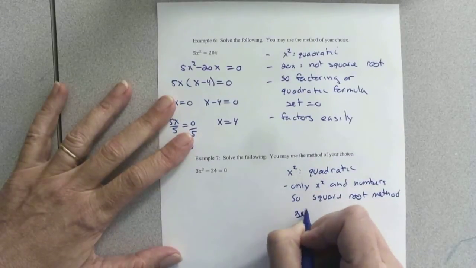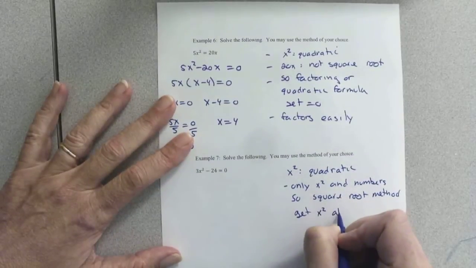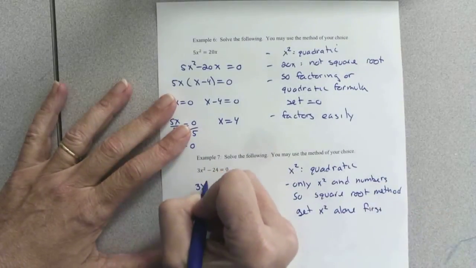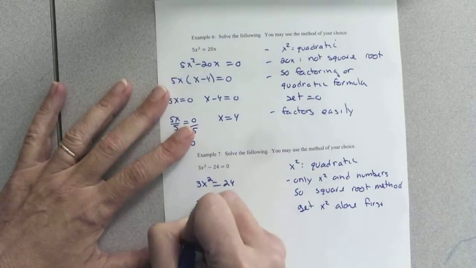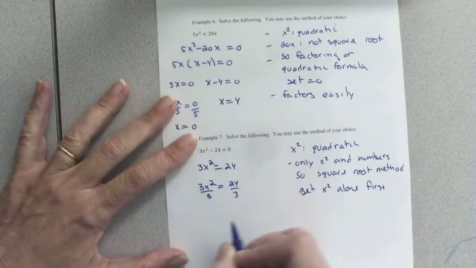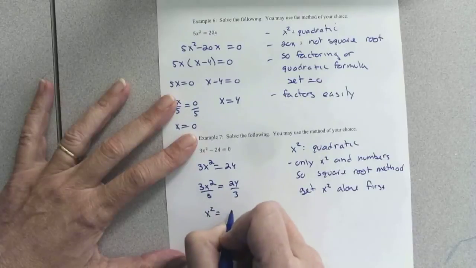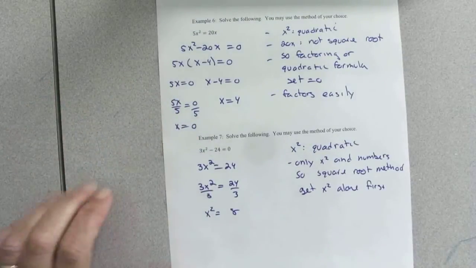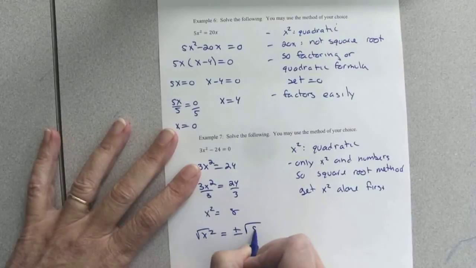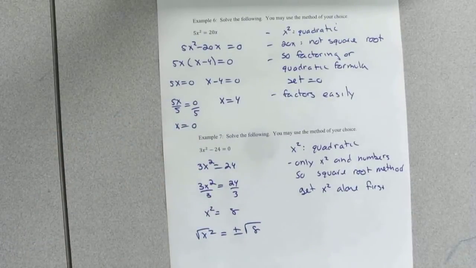And for that, you get the x squared alone. So 3x squared equals 24. Divide both sides by 3. X squared equals 8. Then I take the square root of both sides, including that plus or minus.